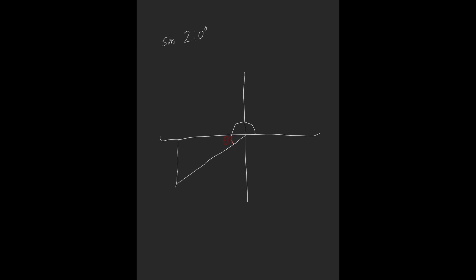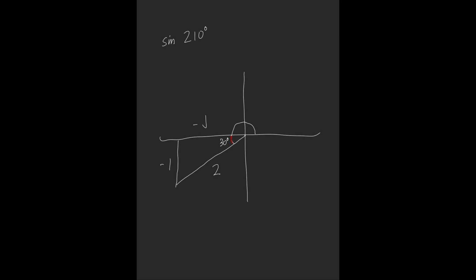Given that we have the middle line being 210 degrees, and the middle line is 180 degrees, 210 is 30 degrees over, which means that our reference angle must be 30 degrees. Now we plot our perfect triangle. We know that the height is going to be -1.